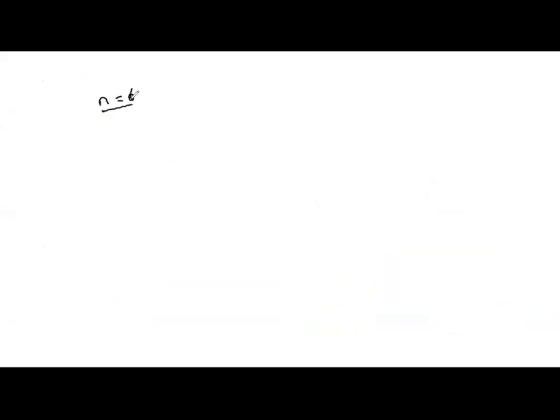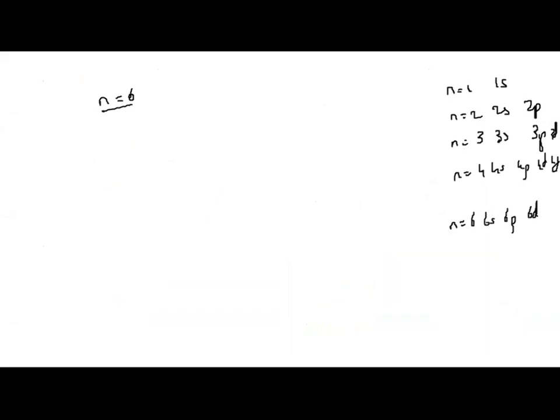It is the sixth shell. So you can imagine n is equal to 1, 1s, 2s, 2p, 3s, 3p, 3d, 4s, 4p, 4d, 4f. Like that, n is equal to 6, 6s, 6p, 6d, 6f.